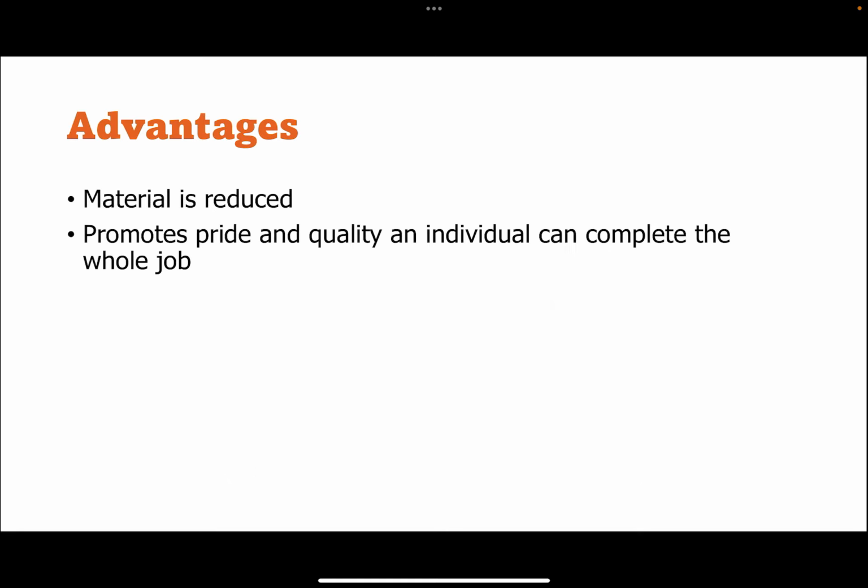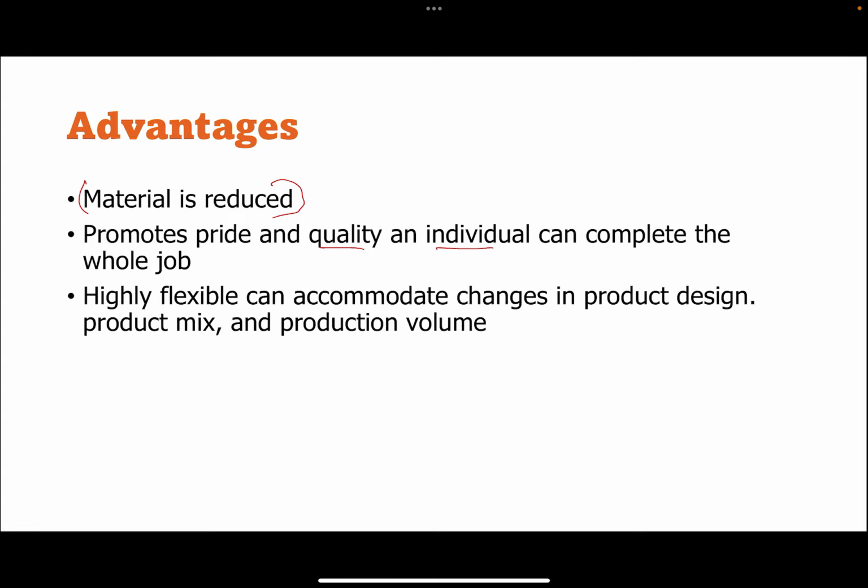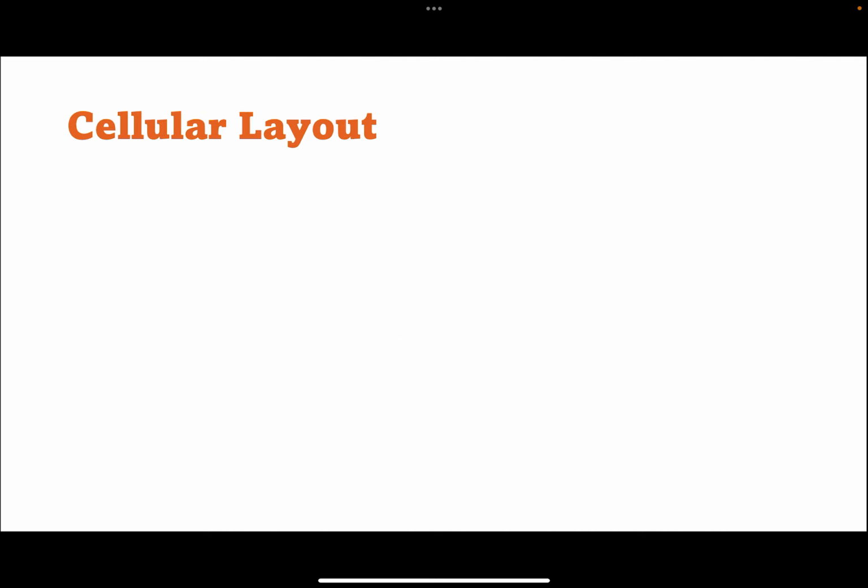And the advantages are reduced material movement, and it promotes pride and quality for an individual, because that individual is responsible for so many jobs, so that improves the morale of the worker. And it is highly flexible. That means any product design can be easily accommodated and production volume can be increased.